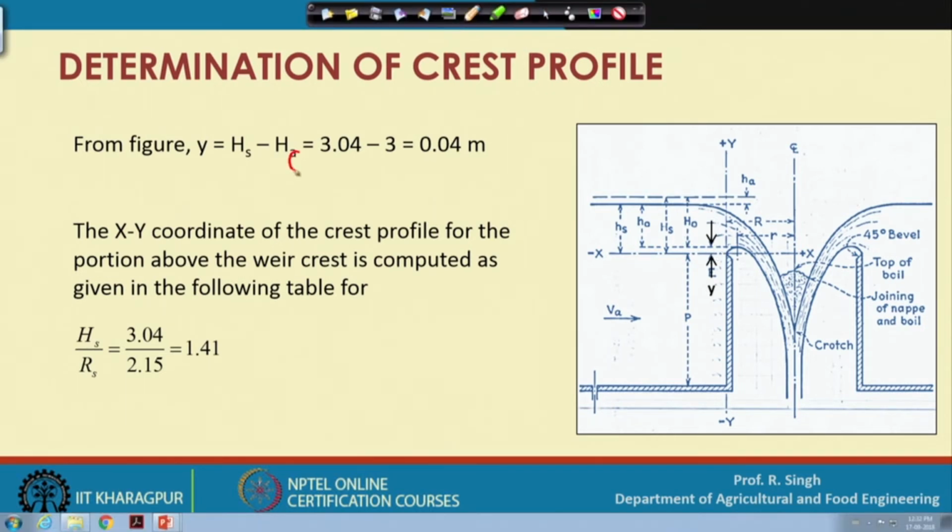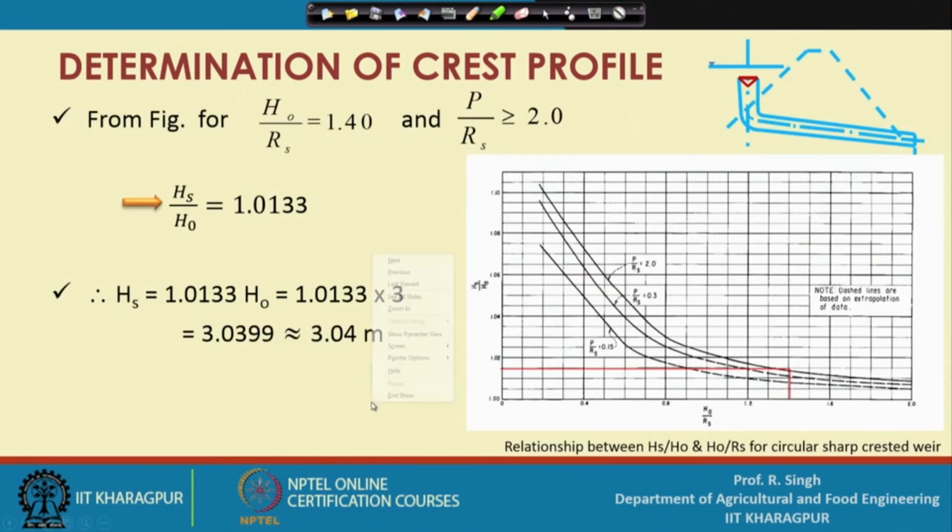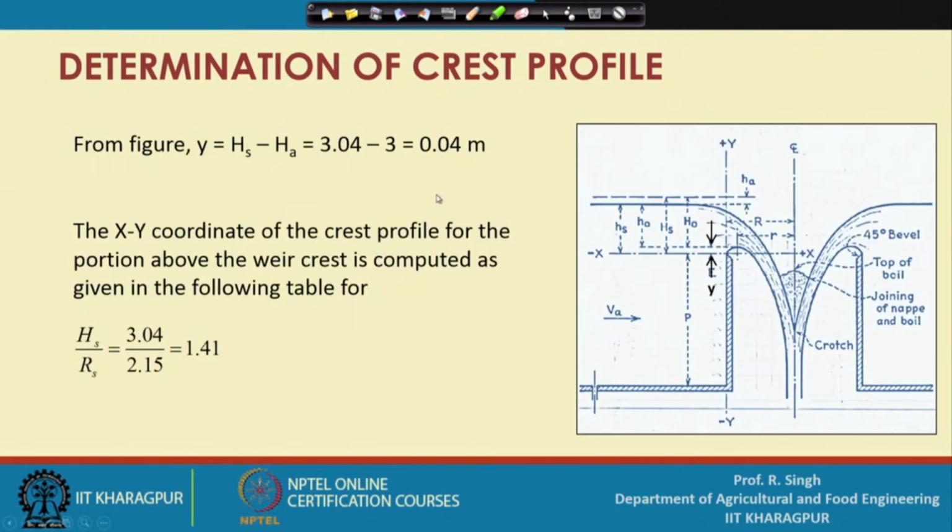So, this is H0, 3 meter, and you know the Hs value which is 3.04 from the earlier calculation. So, the difference between these two, Hs minus Ha, is 0.04 meter or 4 centimeter.